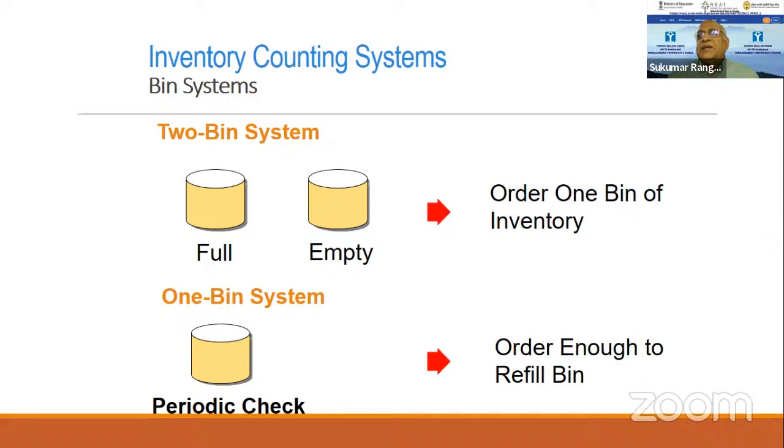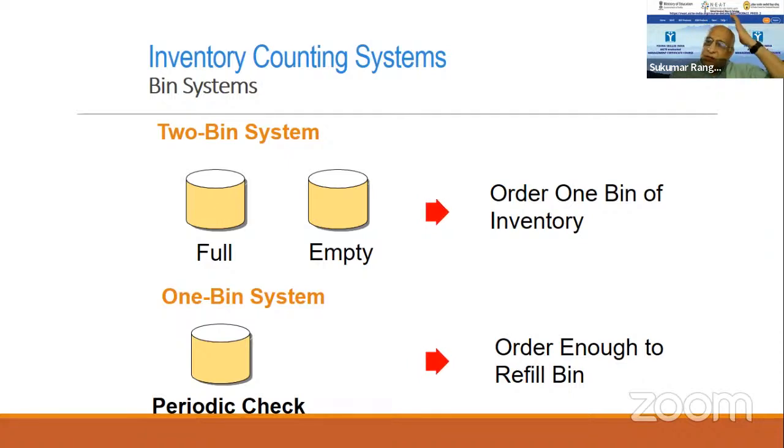See, in many companies, it is not just that the material comes directly to the shop floor. Usually what happens is whenever there is a material inflow, there is an inward quality inspection, which may take sometimes 2 days, 3 days, even 1 week, depending upon the type of material which arrives. Then it is inwarded.